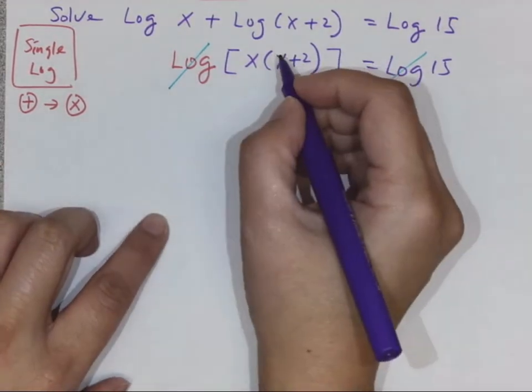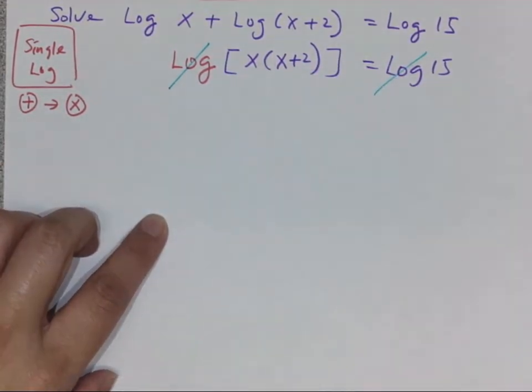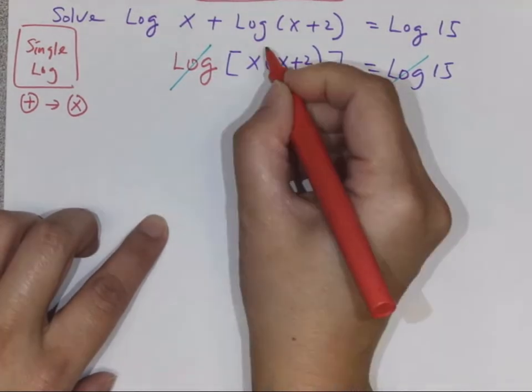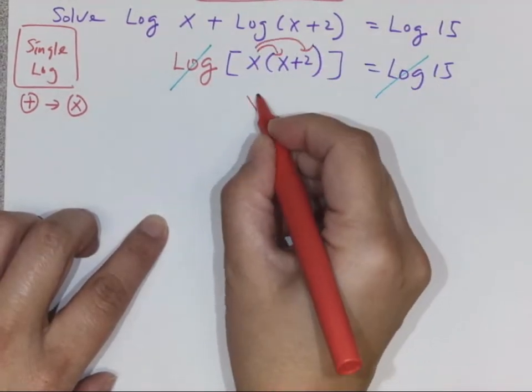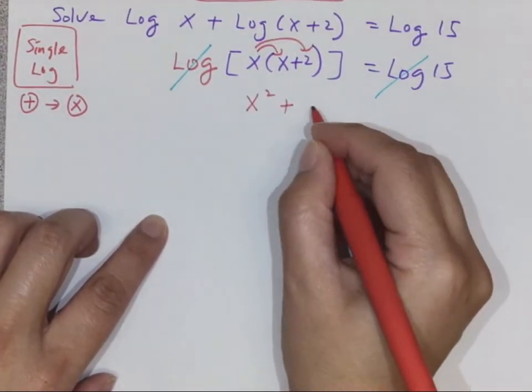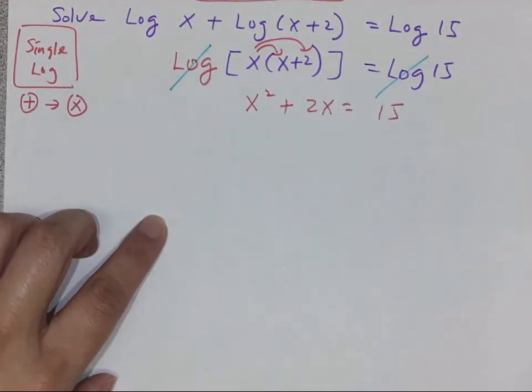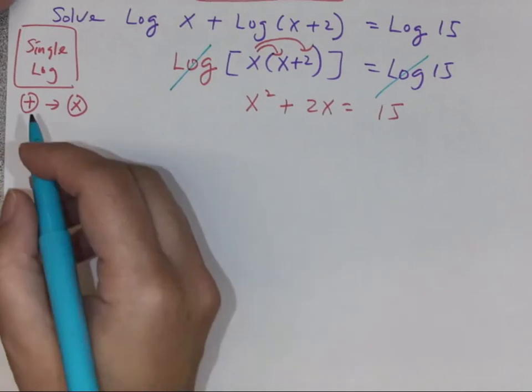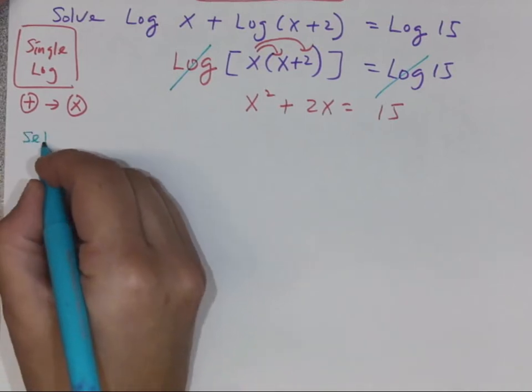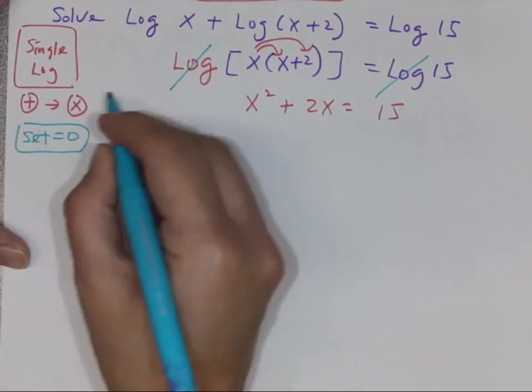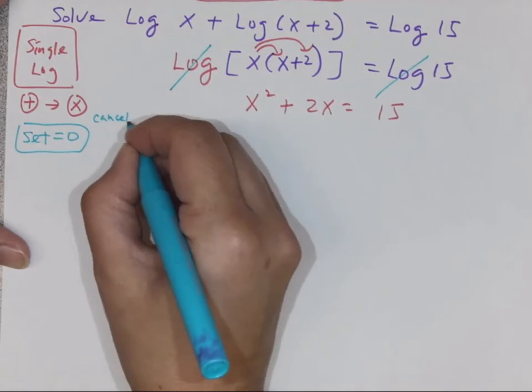So now we do what? Distribute the x. Very good. So we got x squared plus 2x equal to 15. And then how do I solve that? We want to set it equal to 0. So we did cancel the log before that.